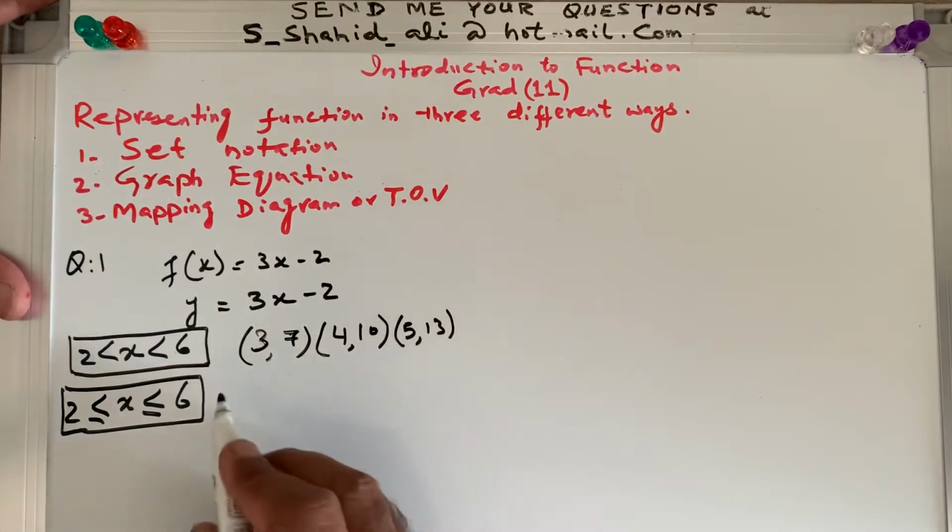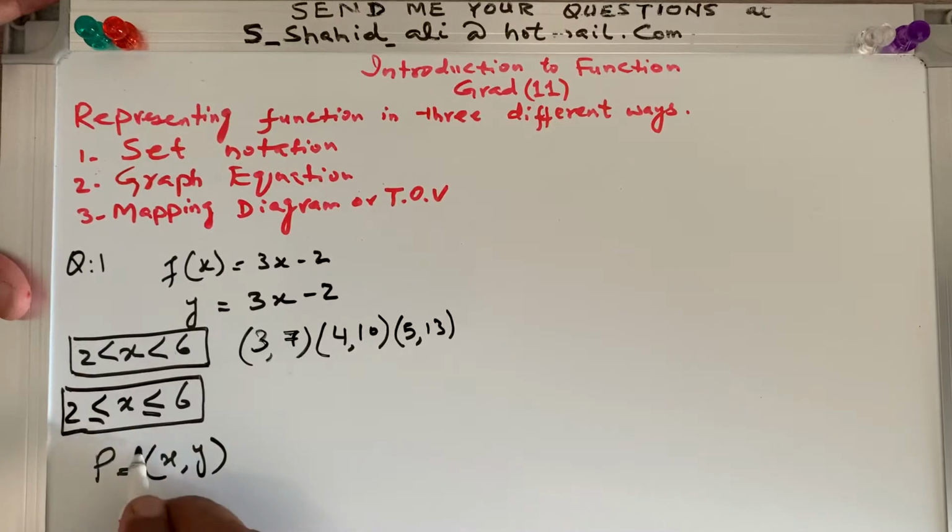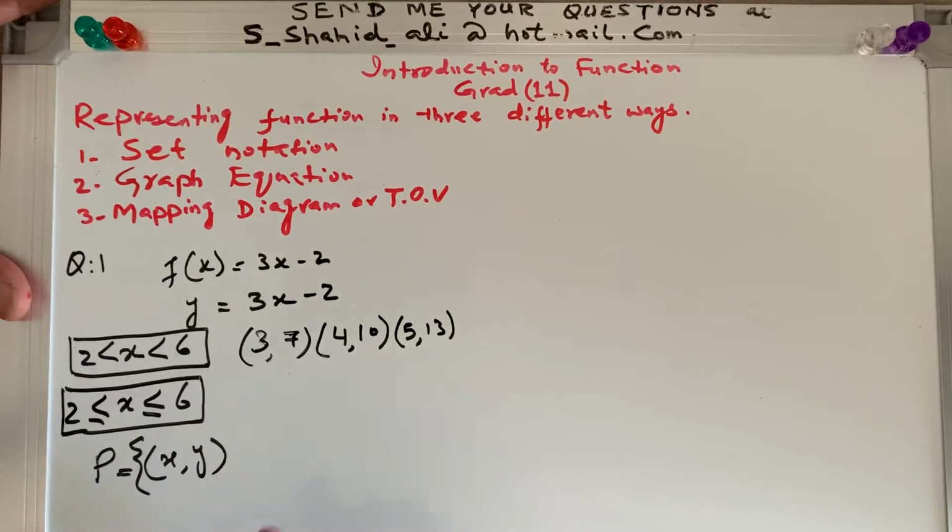Now I have to see how to write in the form of a set notation. Set notation tells us that we have to describe in mathematical language what the ordered pairs x, y are comprising of in my set, right? So I have to list both conditions which are given in the equation, right?